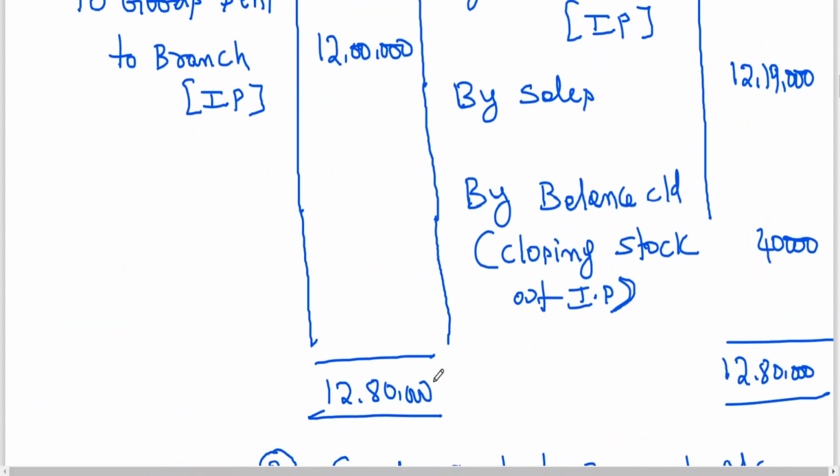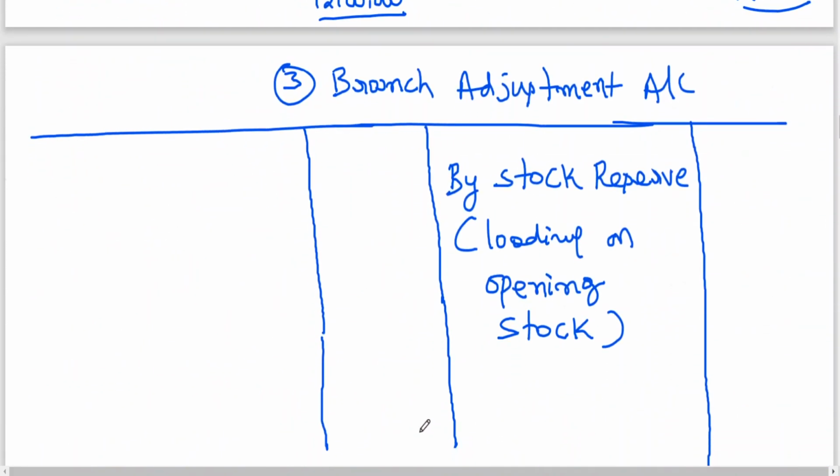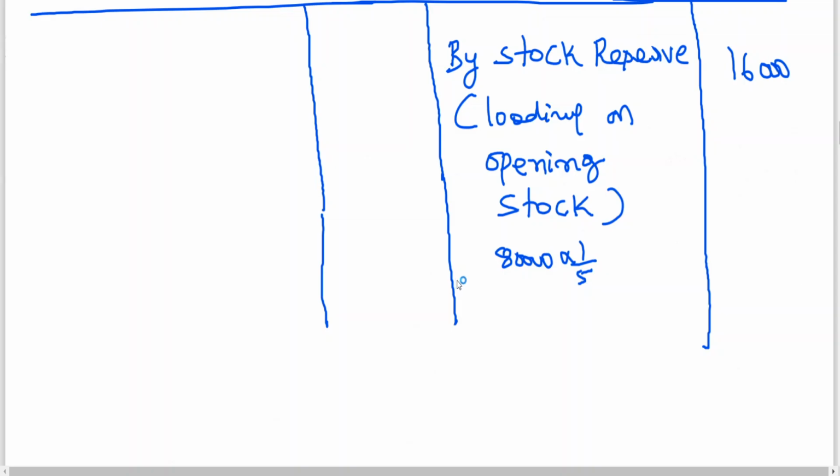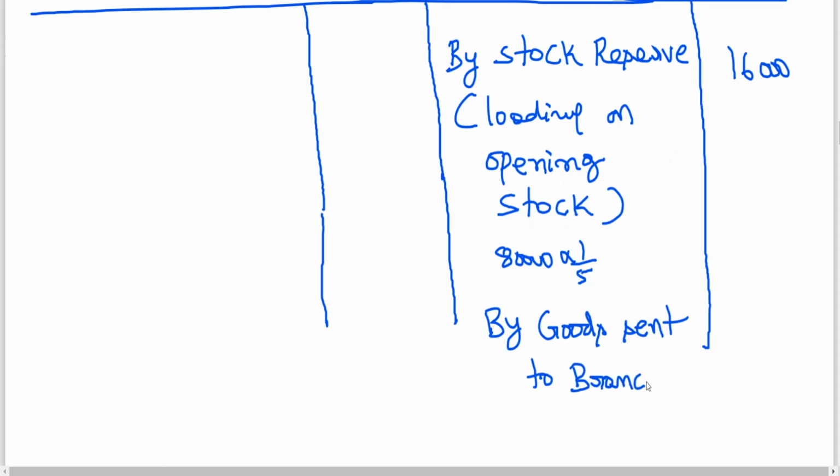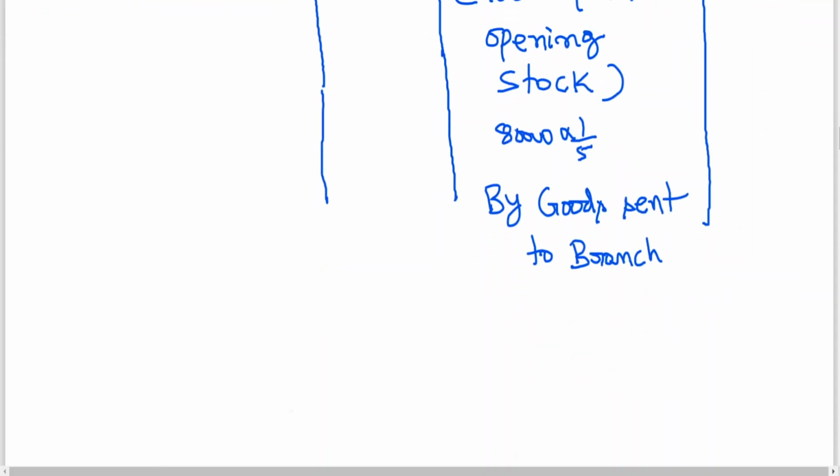What is opening stock? 80,000. 80,000 into 1 by 5 is 15,000. This is the loading on opening stock. Next, by goods sent to branch, loading: already I have done loading for this.